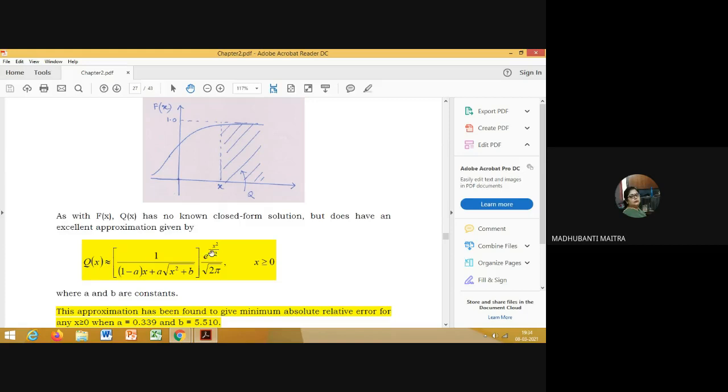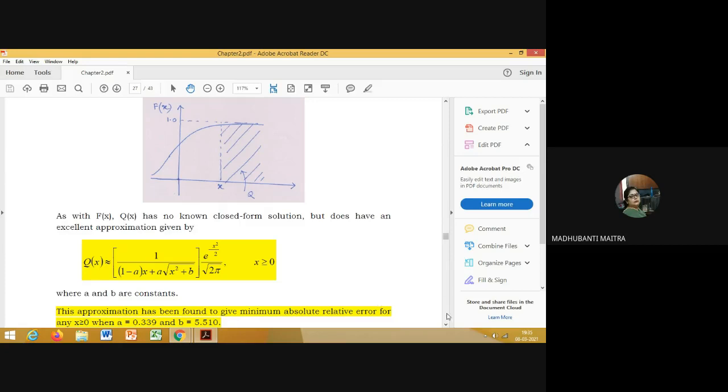Is this minus sign legible? Yes, ma'am, there is a small break between the two lines. Yes, there is a minus sign over here. And here a and b are constants.